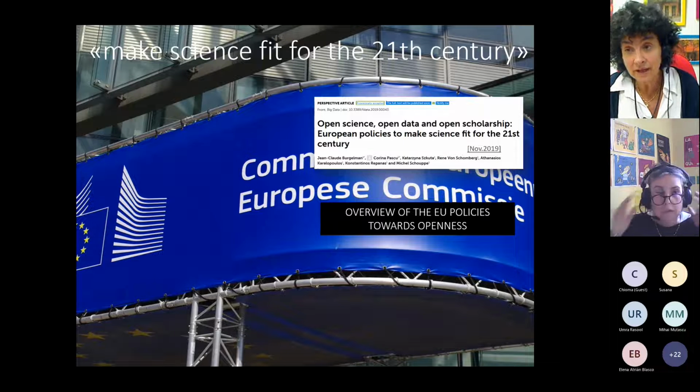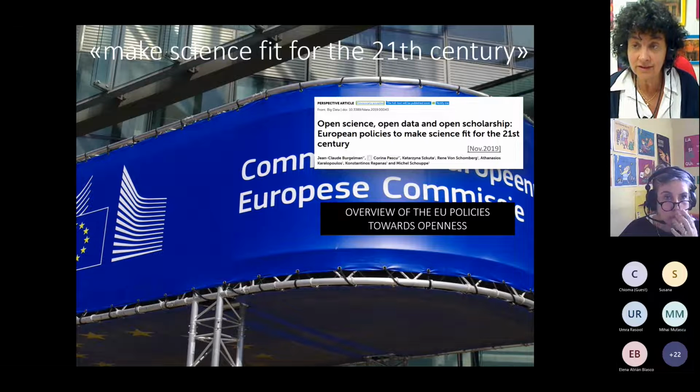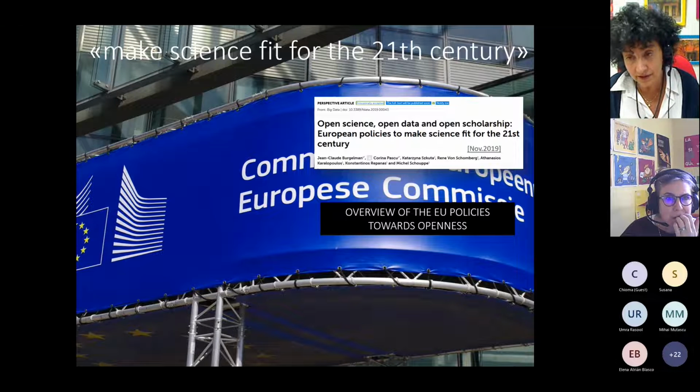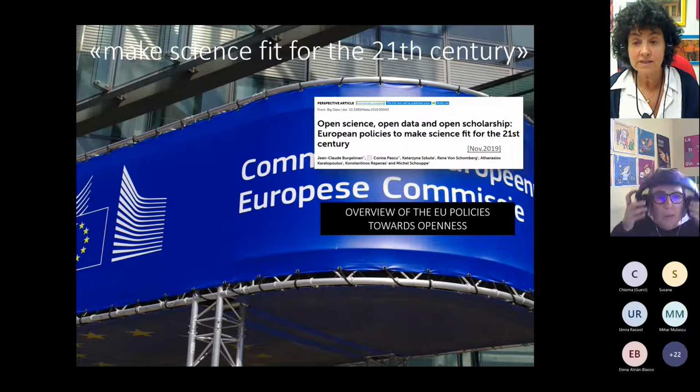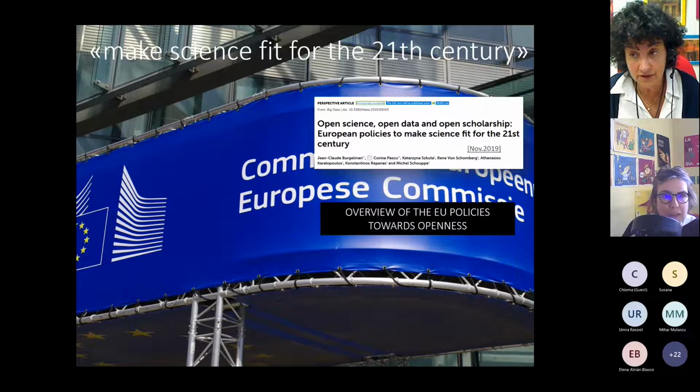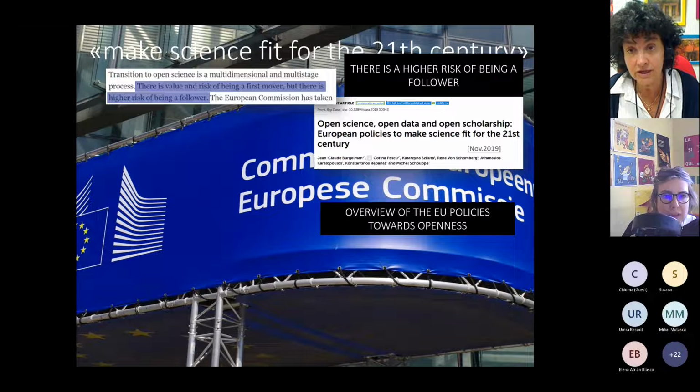And we are paying commercial publishers 10 billion simply to have a PDF online. Come on, it's 2023. We can have much more than a PDF online, okay? So open science basically makes science fit for the 21st century.